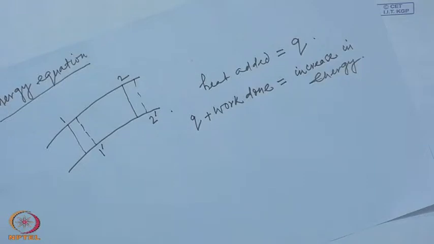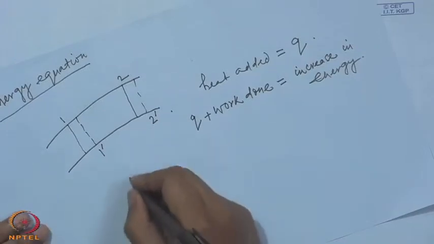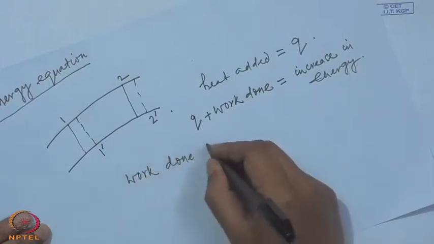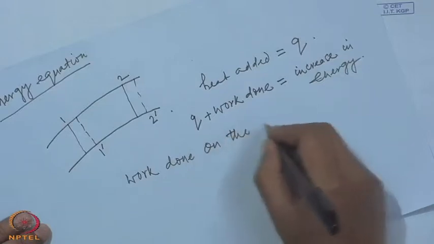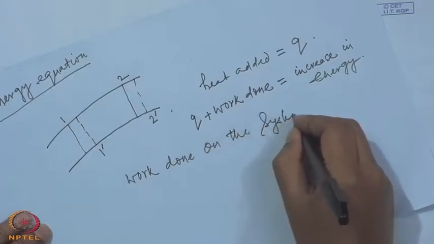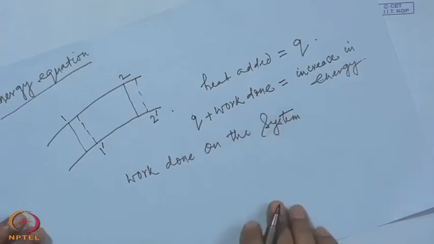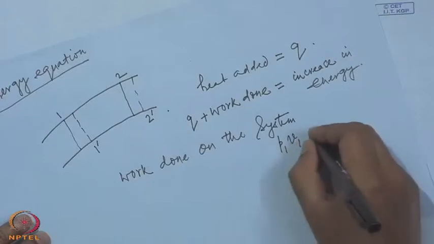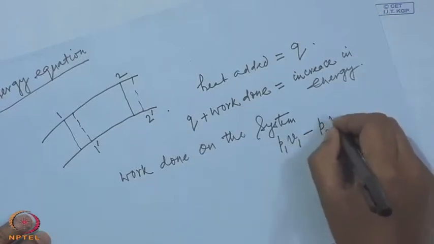Then, if the condition is steady, the displacement at 2 is also for unit mass, with specific volume now V 2. So, the work done on the system is simply given by P 1 V 1 minus P 2 V 2.